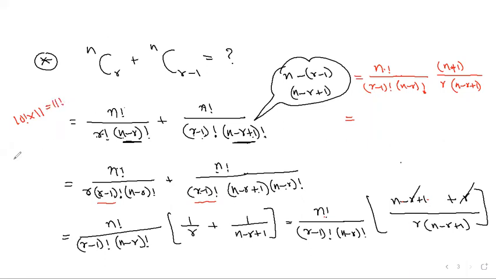Do you agree? 5 factorial multiplied with 6 is 6 factorial. 100 multiplied with 99 factorial is 100 factorial. n factorial multiplied with n plus 1 is n plus 1 factorial. r minus 1 factorial multiplied with r is r factorial. n minus r factorial multiplied with n minus r plus 1 is n minus r plus 1 factorial. And this is the definition of n plus 1 CR.